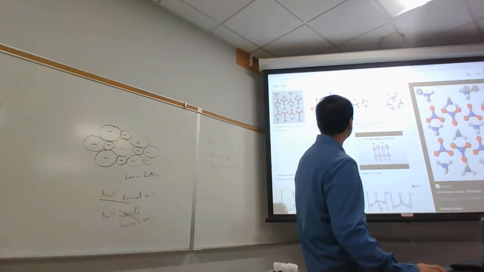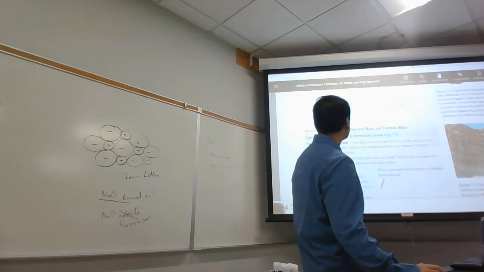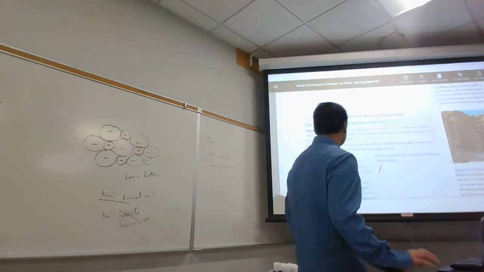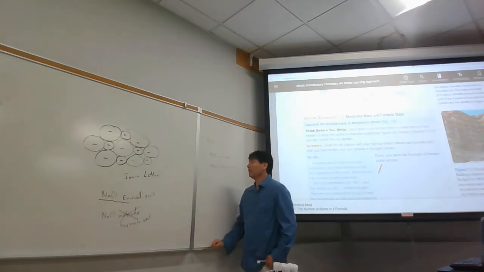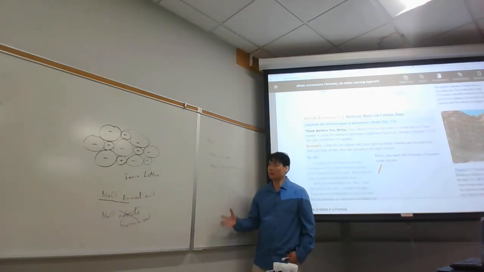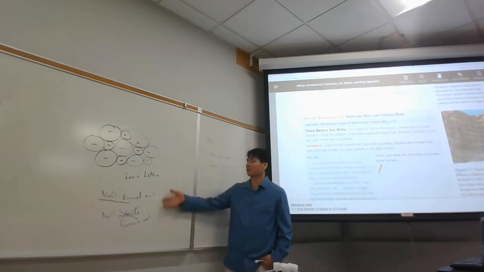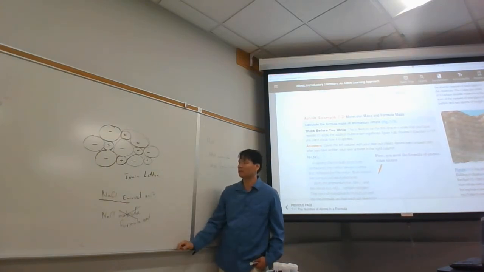Same thing here. So how much does a formula unit of sodium chloride weigh? Well, we can calculate that. We just take the average mass of the sodium, which we get off the periodic table, which is 22.99, and the average mass of a chlorine, which is 35.45 off the periodic table.